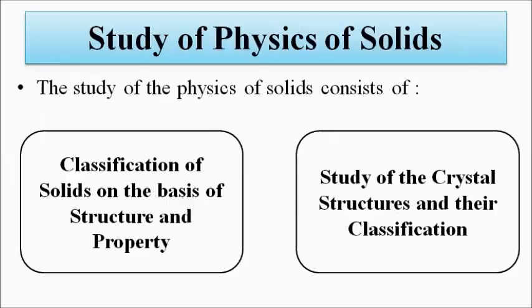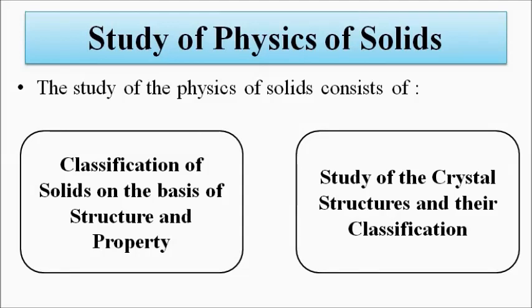So the study of the basic physics of solids can be divided into two parts. First, the classification of the solid materials on the basis of their structure and property, and second, to study the crystal structures if they have any, and again classifying their crystal structure into various categories.